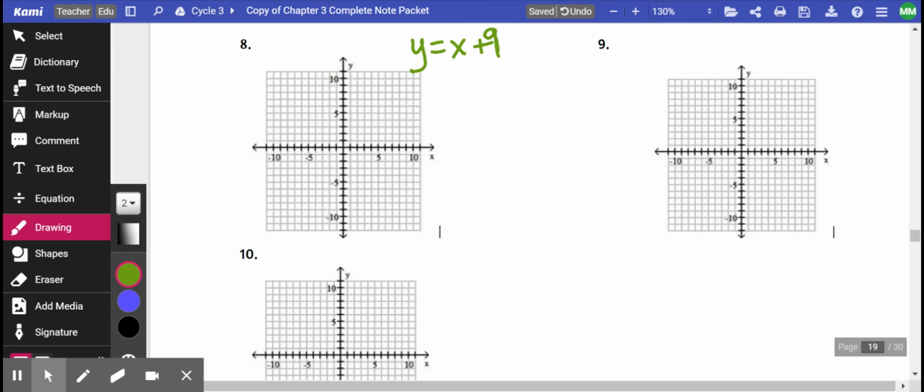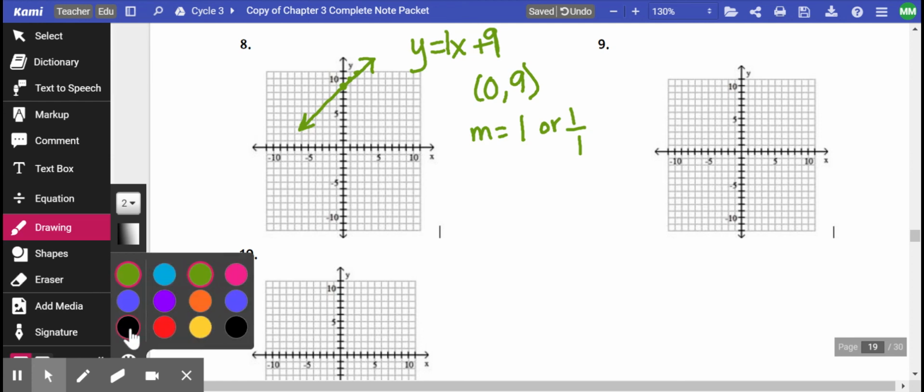So for this one, you would start at positive 9, so your y-intercept would be at (0, 9). Your slope is 1 or 1/1, so you would just go up 1/1, up 1/1. And that is your graph.